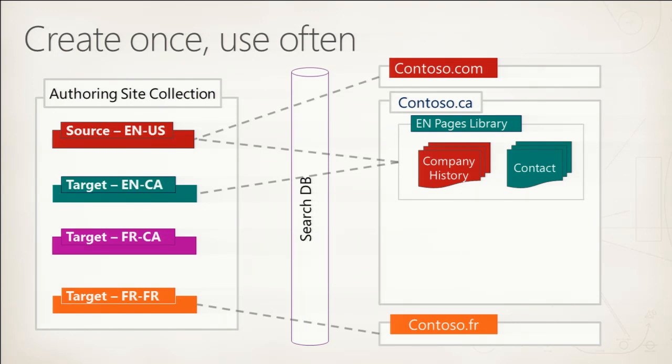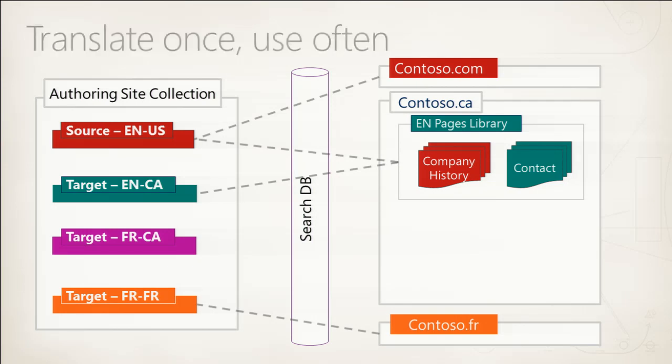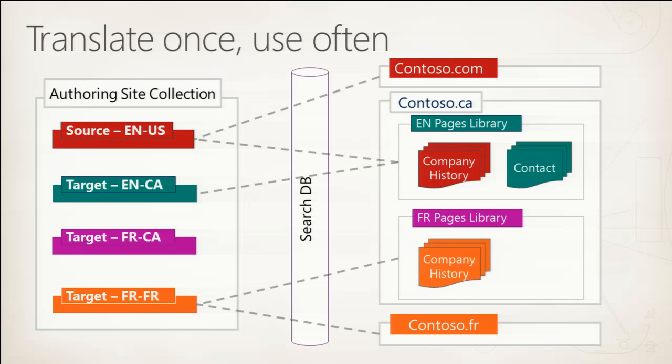From the translation side of things, the customers who have told us they don't want to translate things more than once, you can do the same thing. So we're going to create the French pages library under contoso.ca, and we'll again pull the common content from the FR site, so that company history, which is something we'll translate once in FR, and then we'll pull the Canadian-specific Contact Us information that has been translated in the FRCA site over as well.